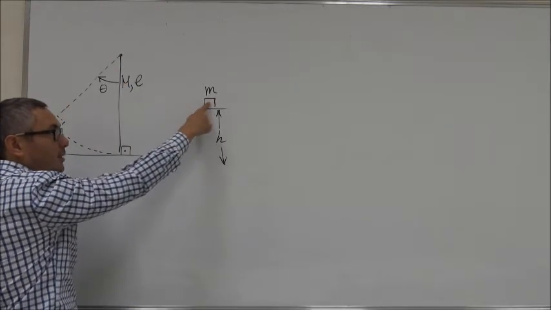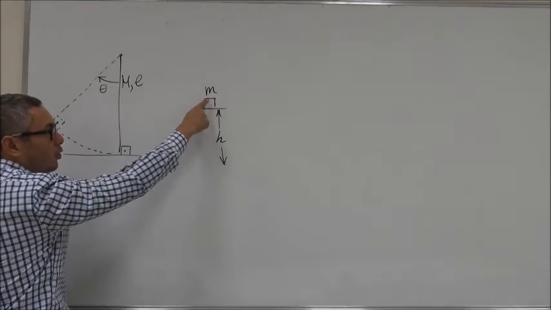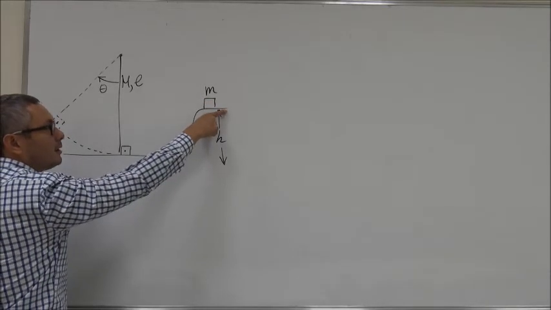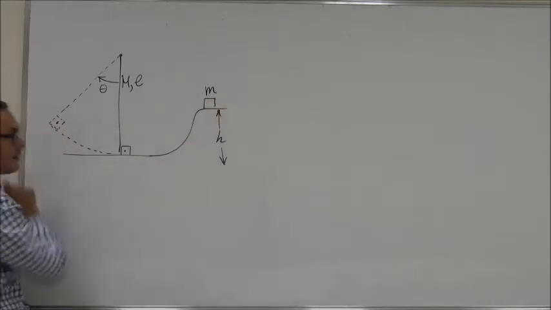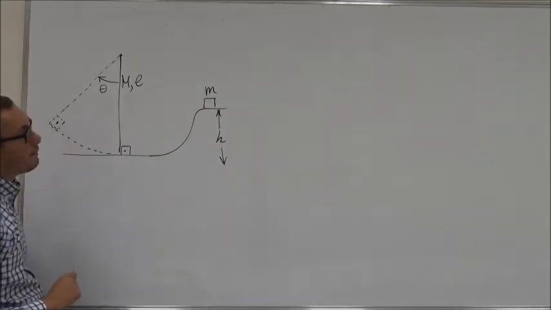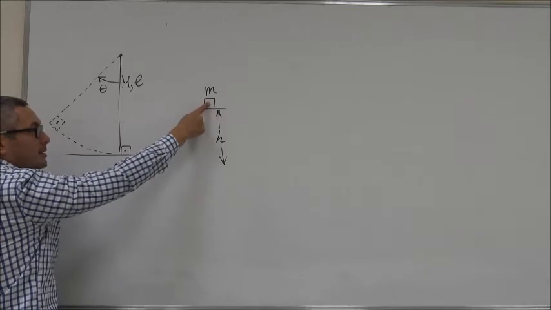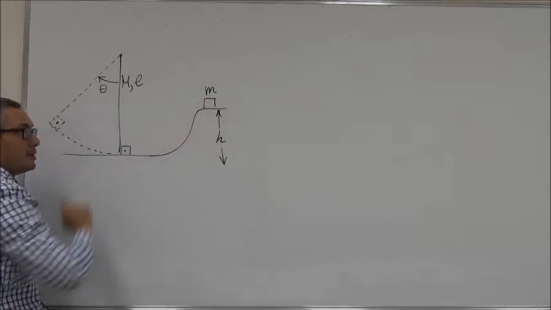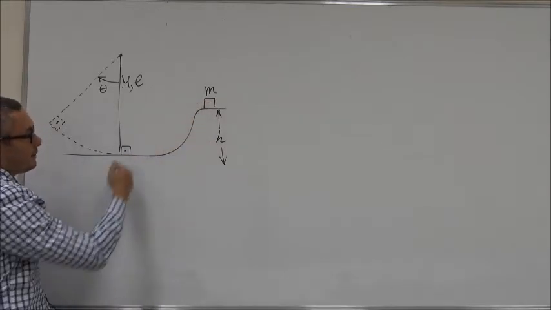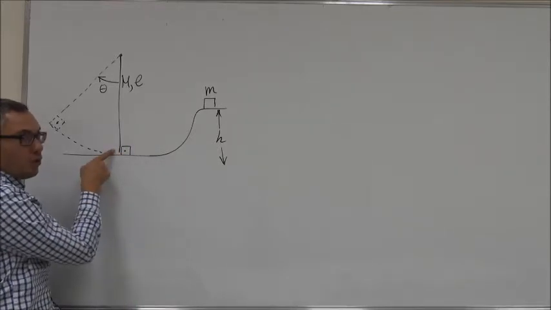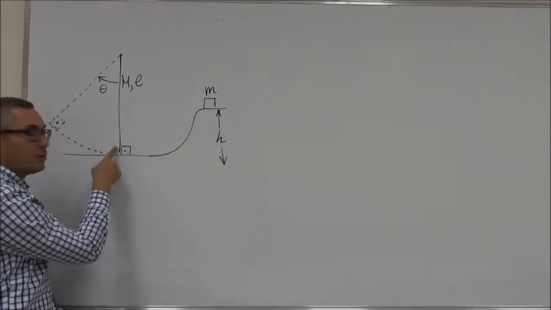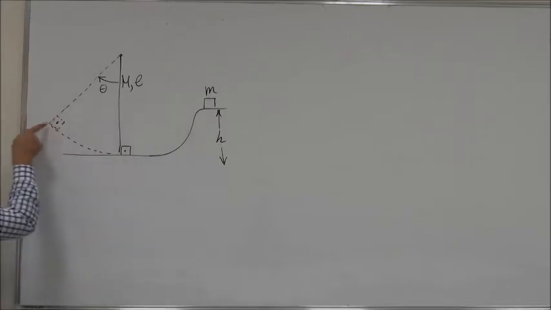Then we have a block of mass m sitting on a hill, and this is a frictionless surface. Mass m then slides from the hill with zero initial velocity, collides with the rod, sticks to the rod, and then with the rod goes up here to the maximum angle theta.